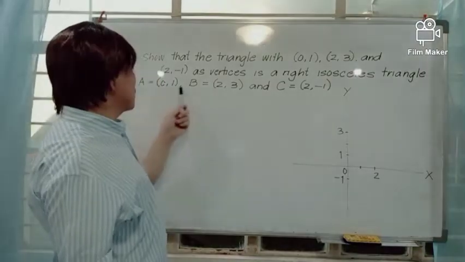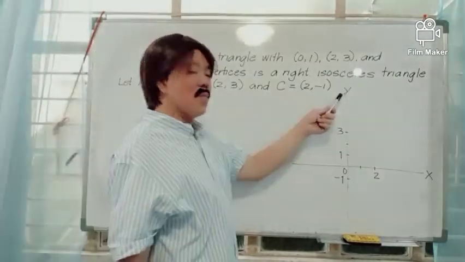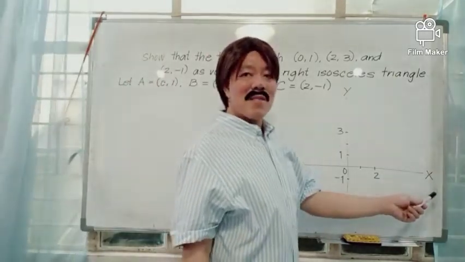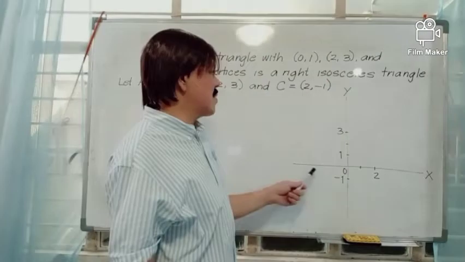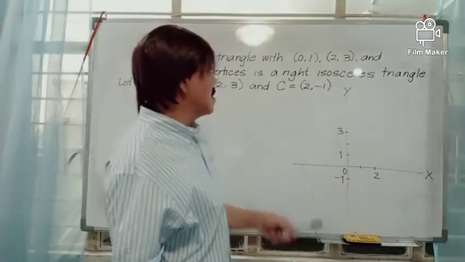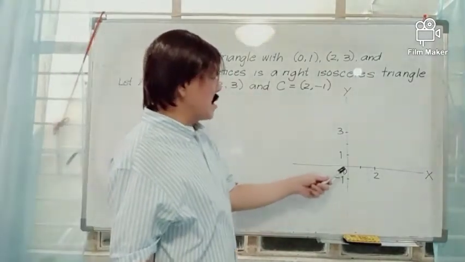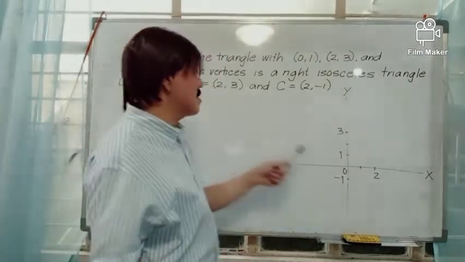And we plot these points in the Cartesian plane with y in the vertical axis and x in the horizontal axis and 0 at the intersection of the 2 axes. I use 1 unit intervals in the vertical and horizontal axis.